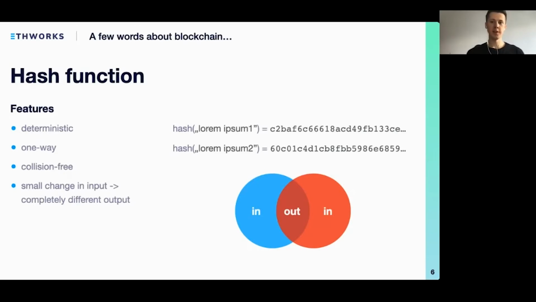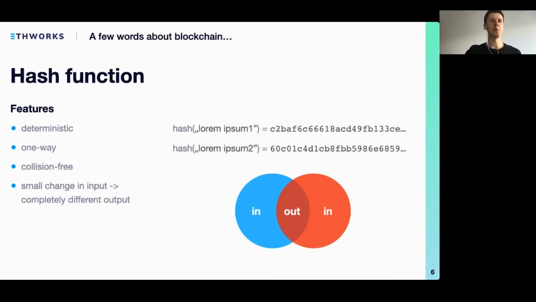The example with two colors mixing is intended to give you some intuition. When you have a mixture of two colors, it's hard to know what the input colors were.